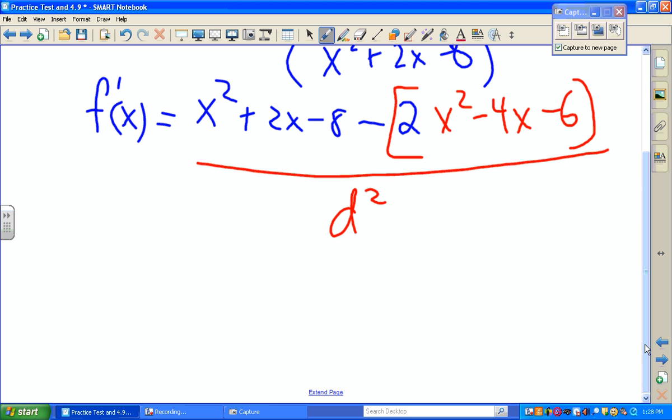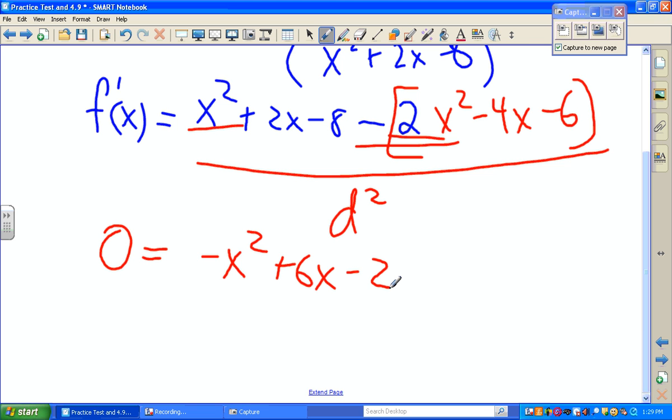So set the numerator equals 0. 0 equals x squared minus 2x squared is negative x squared. 2x plus 4x is 6x. Negative 8 plus 6 is minus 2. I think I'm going to go quadratic on this, don't you think?